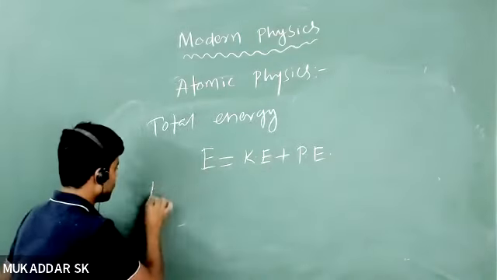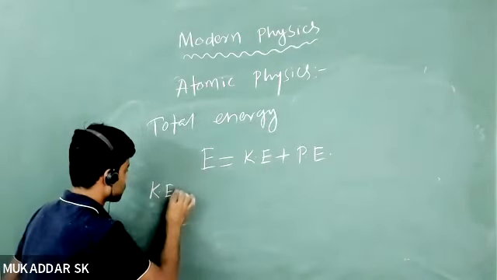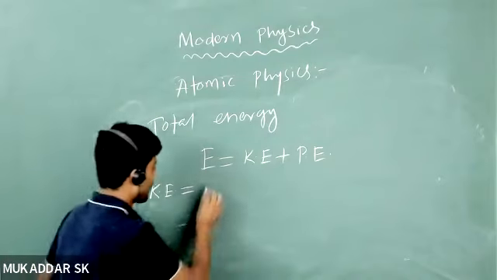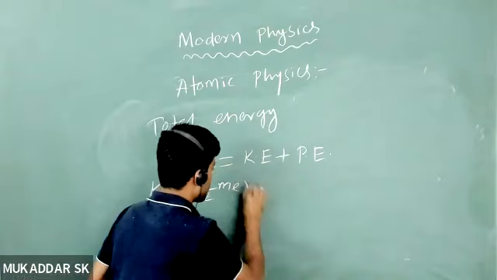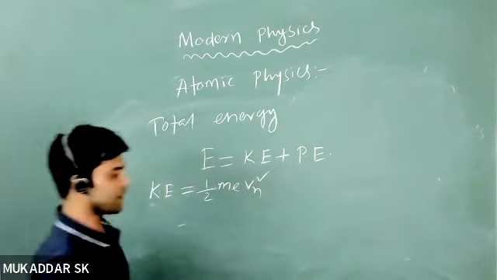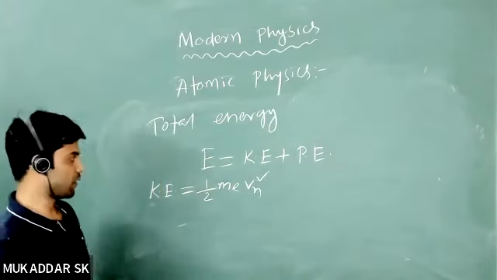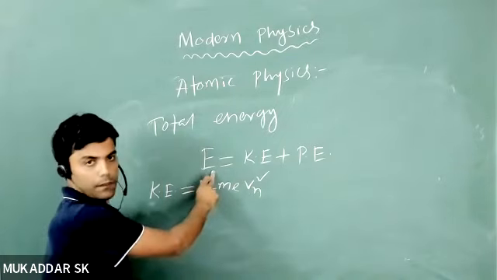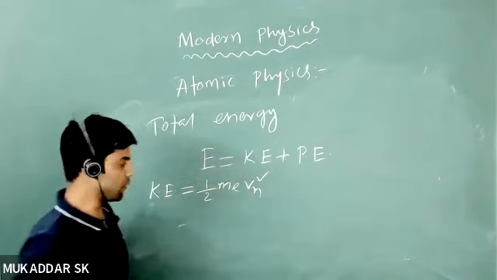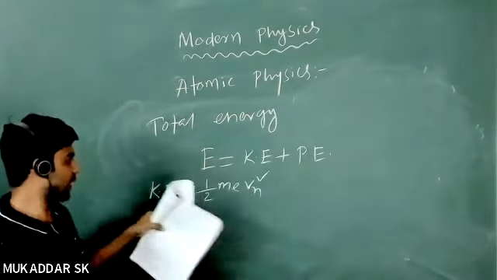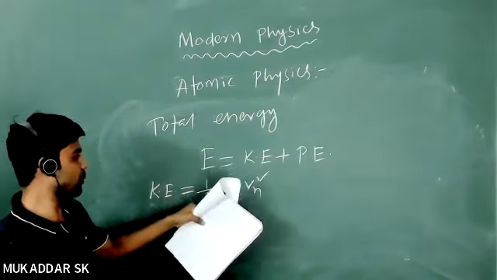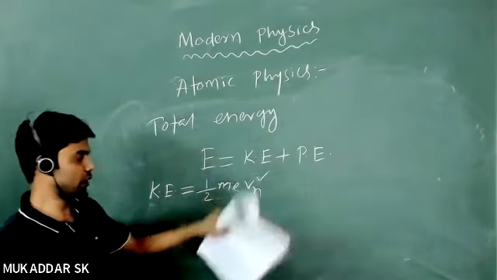So the kinetic energy will be simply half into mass of electron into Vn square, the speed at the nth orbit.